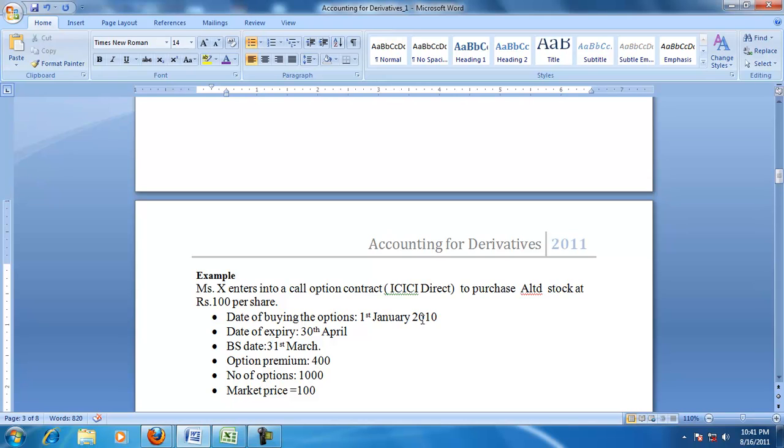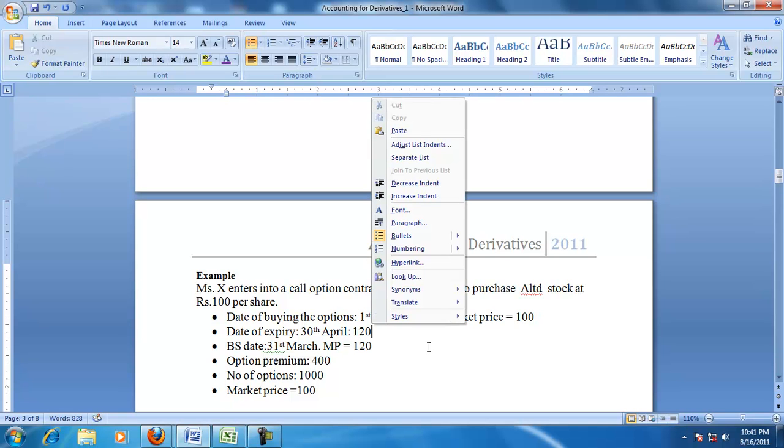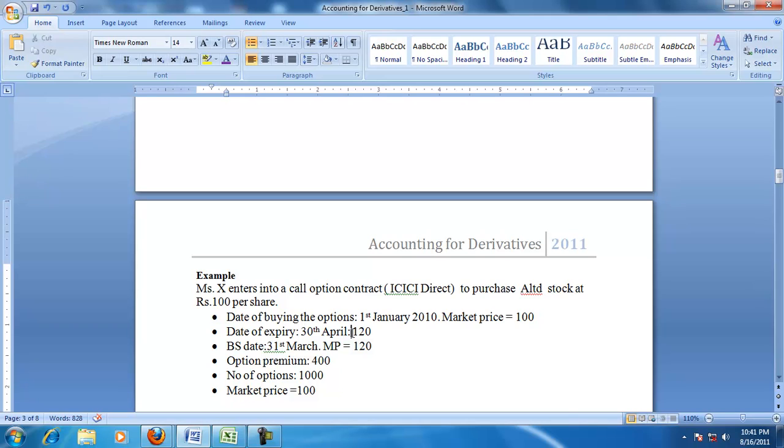Suppose on the date of buying the market price is 100, and on expiry it is 120. On 31st March, the market price is also 120.